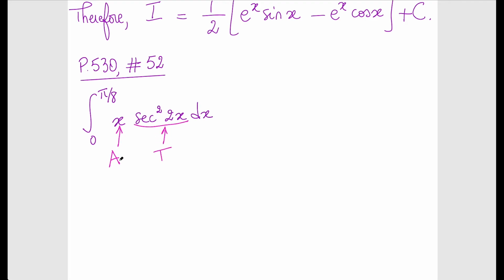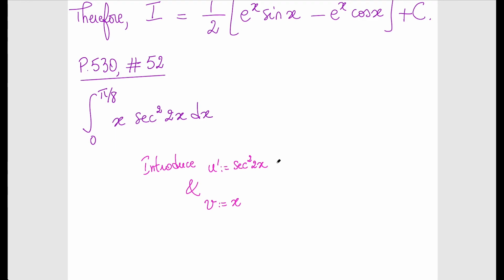This is trig and this is algebraic. Which one comes first in the ILATE? It's the a. So we're gonna choose v to be the x and the u prime to be secant squared 2x, right? This would be our choices of u prime and v, right? So we're gonna introduce those choices.